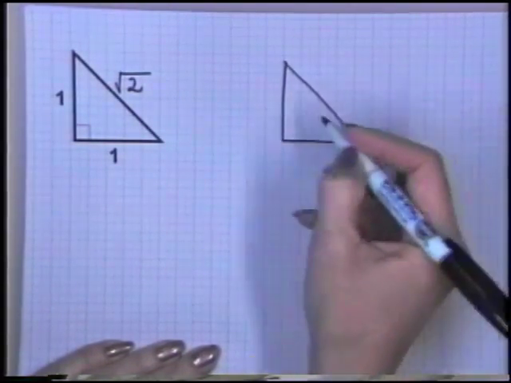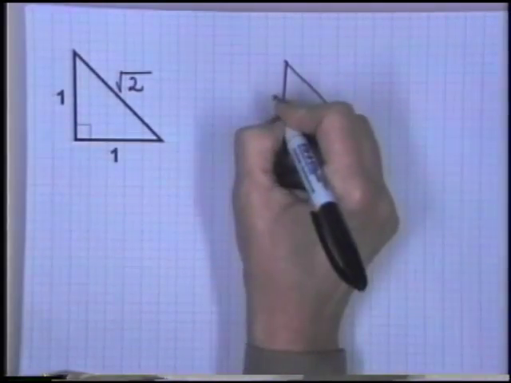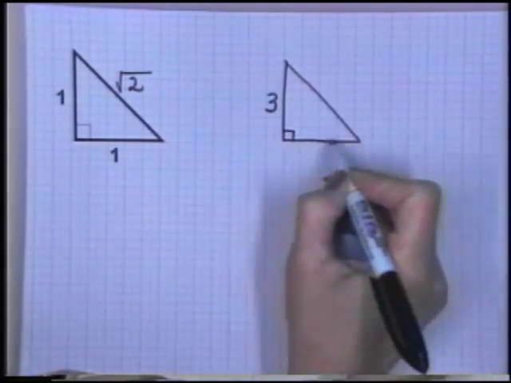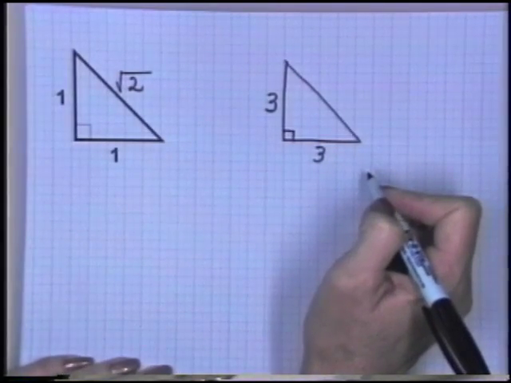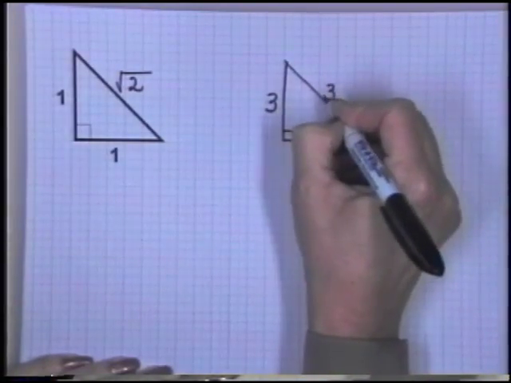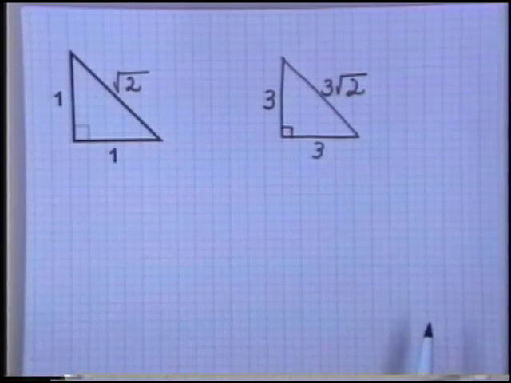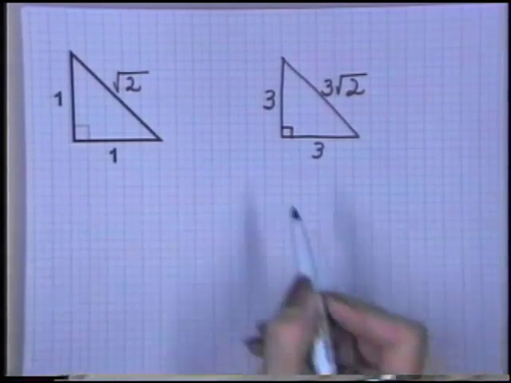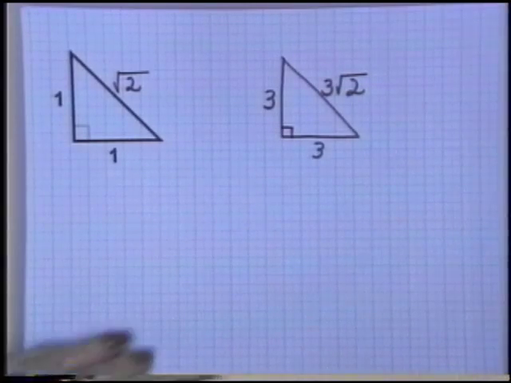So if this is my isosceles right triangle, and I know that this length is 3, then I know this length is also 3 because the legs are always equal. And I know that the hypotenuse is 3 times the square root of 2 because the hypotenuse always equals the leg times the square root of 2.